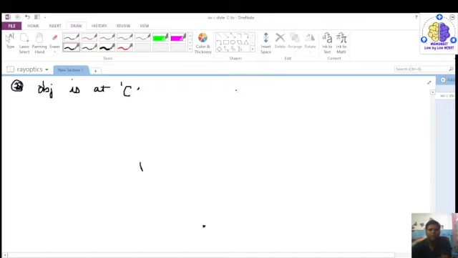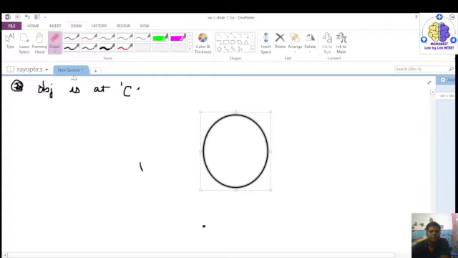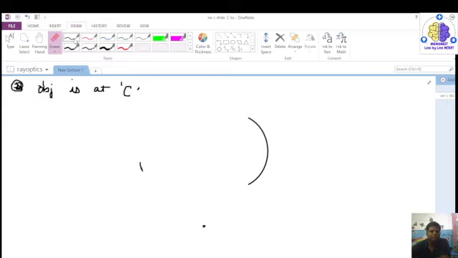So let me try to draw it this way. This is a concave mirror, right?